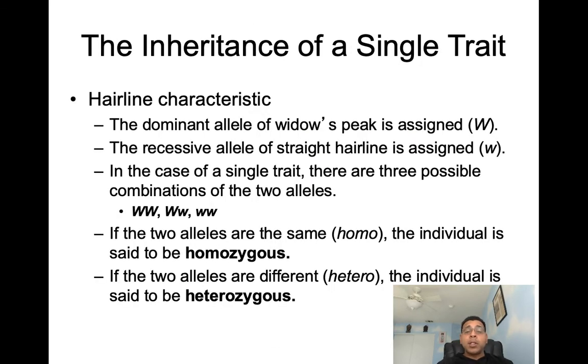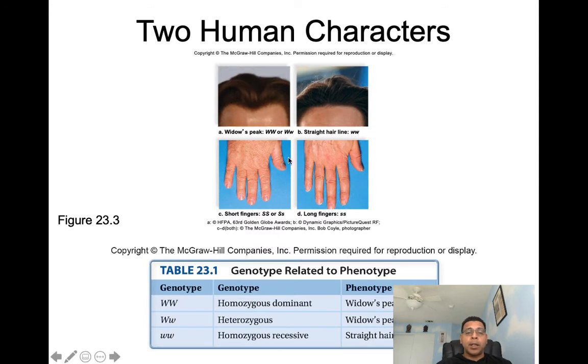Now, if the two members of the allelic pair are different, then the individual is considered heterozygous. We can see that here when we have a genotype of a capital W and a lowercase w. And you can see this is the only heterozygous genotype that we have.